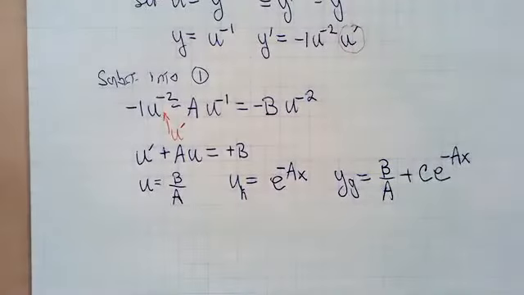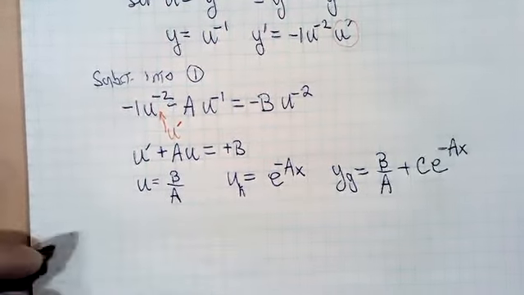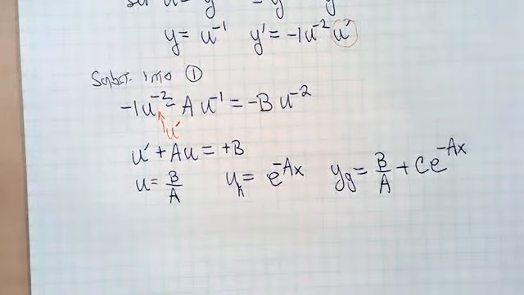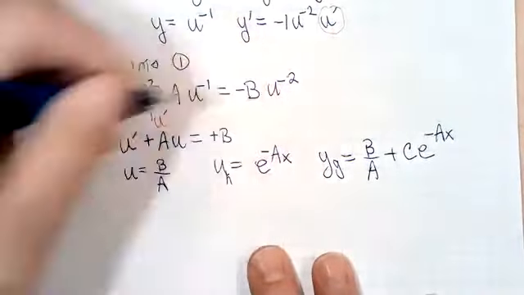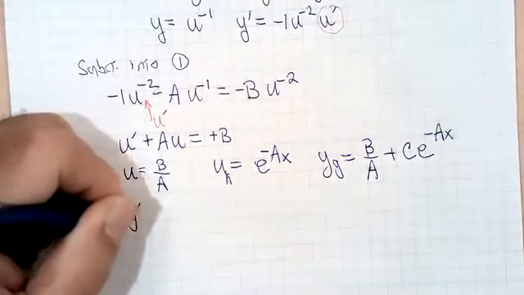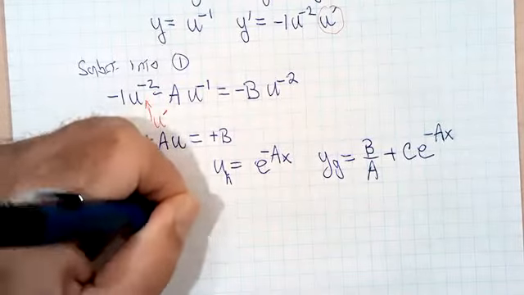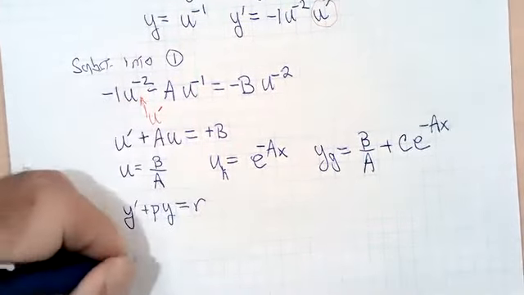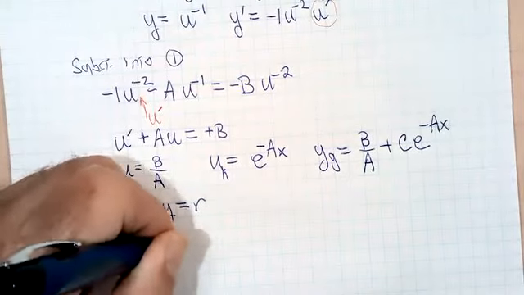Now, if you don't like that method, which is stare at the equation and see if the answer jumps out at you, it's great when it works. If that doesn't happen, then of course you have to use a formula or a technique, right? So our first order linear form is y prime plus p of y equals r, and it has solution y, in this case u, equals e to the minus h.